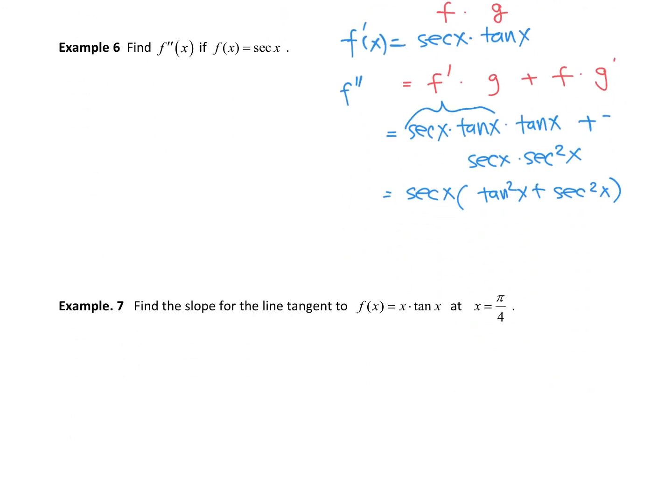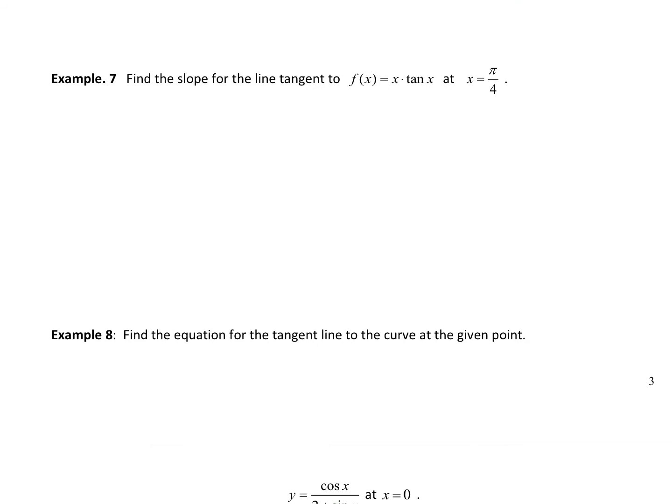All right, let's look at the next question. Find the slope of the tangent line of this function at pi over 4. We did the slope of the tangent line before. It's just another way of saying find the derivative. Here they give you a particular point, so I'll take the derivative of this and plug in x as pi over 4.